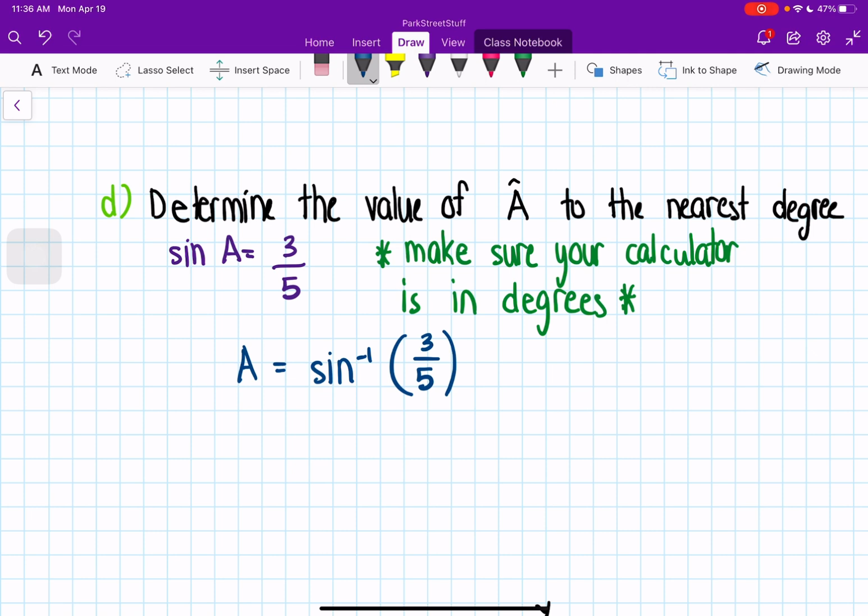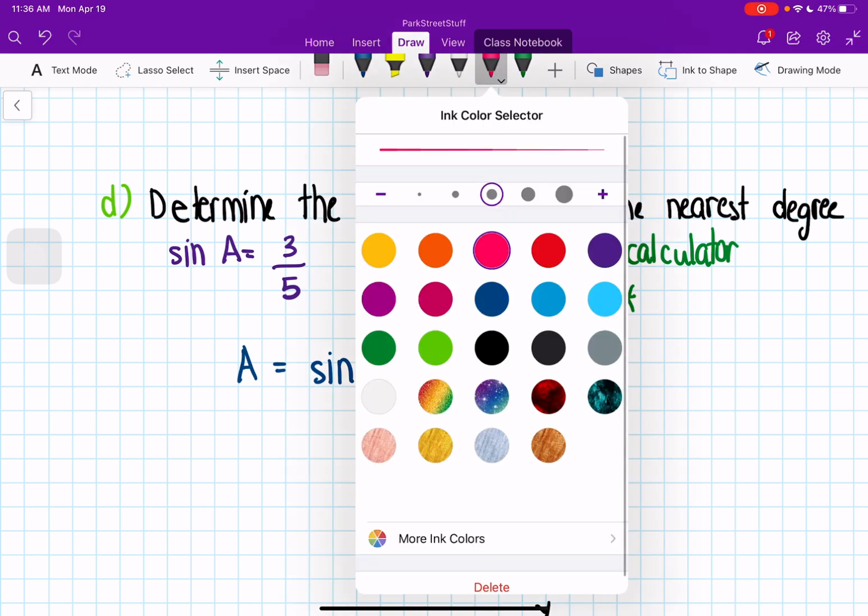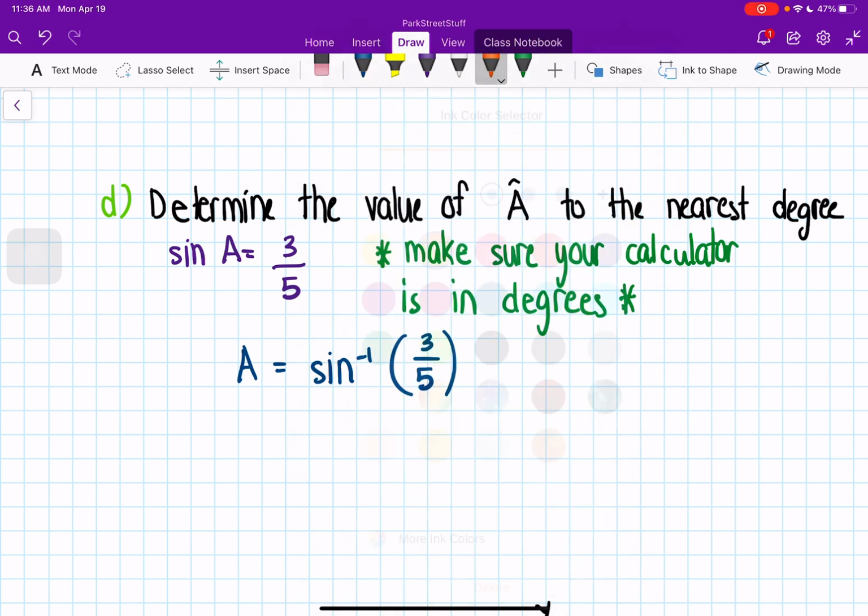So this term here means inverse sine. It doesn't mean sine to the -1 because remember, sine is not a number. Sine is a function. So the inverse of a function, we write it like that.